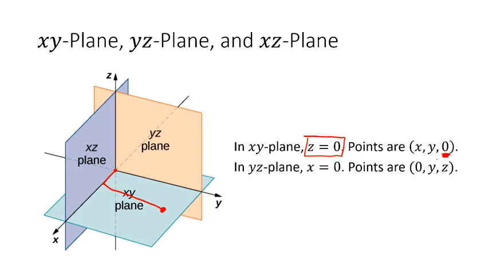Similarly, for the yz plane, any point here in this orange plane should have the x-coordinate to be 0 now. Our y-coordinate can be anything, z-coordinate can be anything. We can go any units in the y and the z directions, but we cannot go any unit for the x direction. Our x has to be 0 in order to stay in this yz plane.